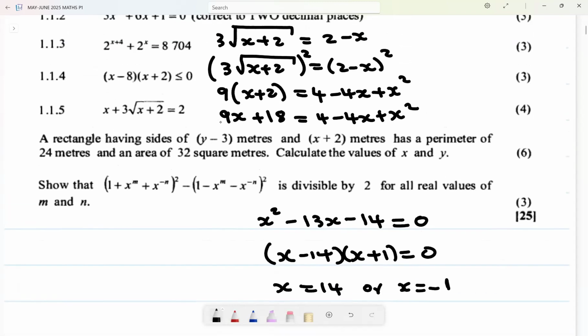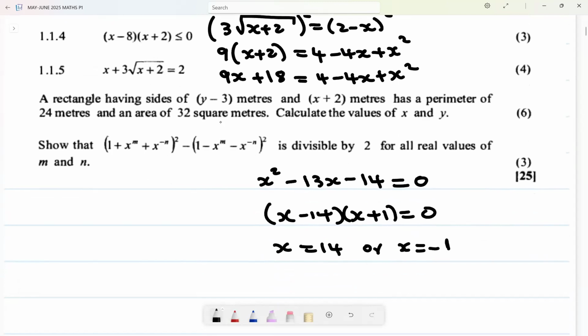But what's really important is you coming back to this one and just confirm if your answer is the same. Now, let's first substitute x as 14 and see if it satisfies the condition. 14 plus 3 into 14 plus 2, and check. This one is already not working.